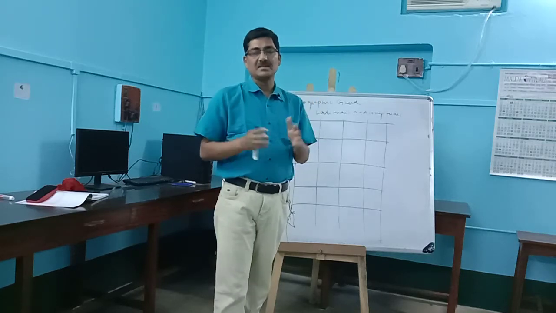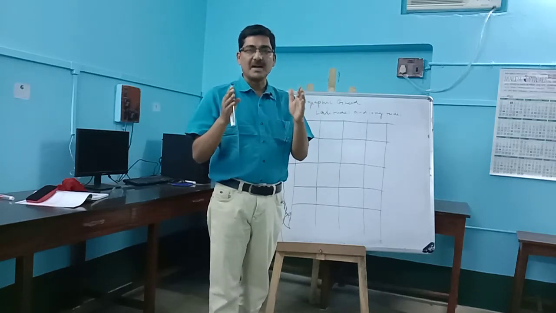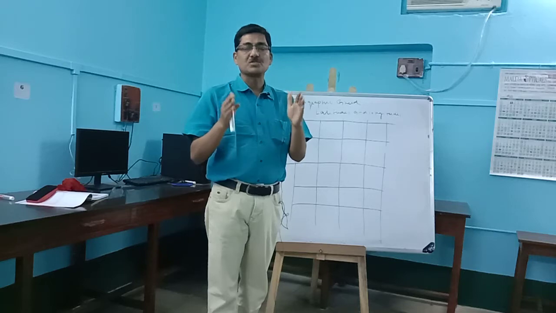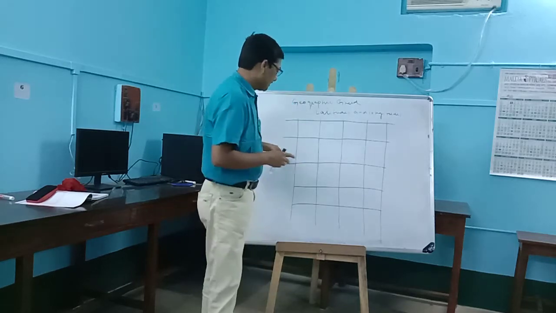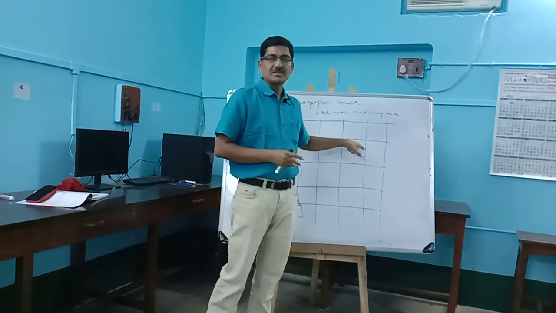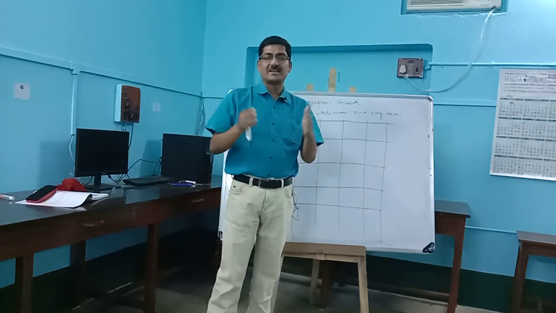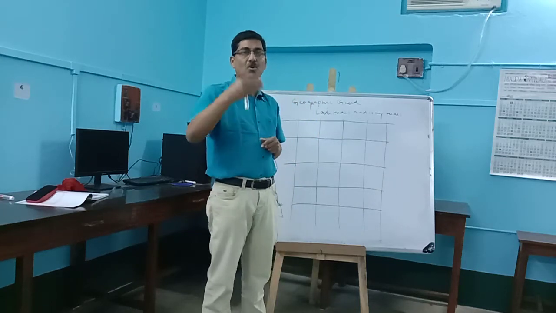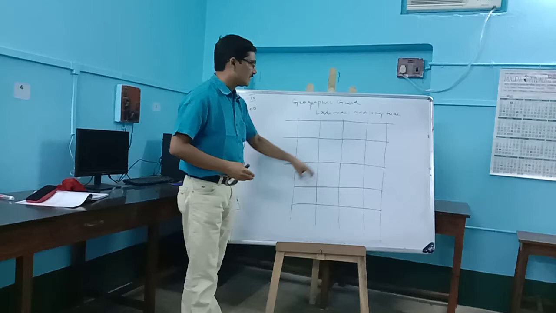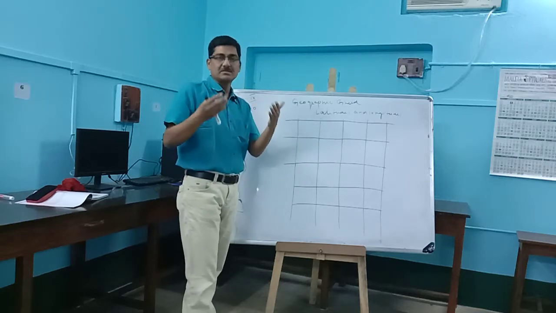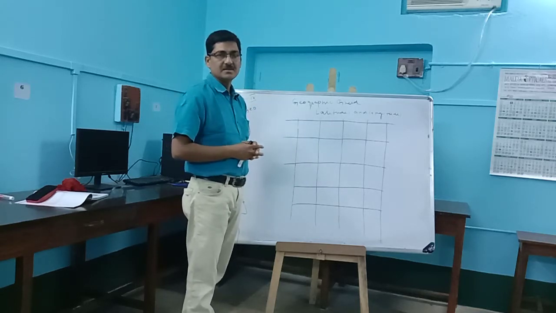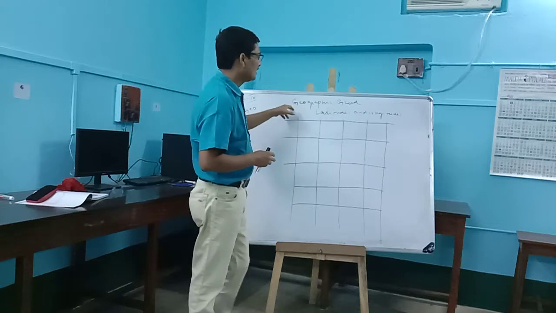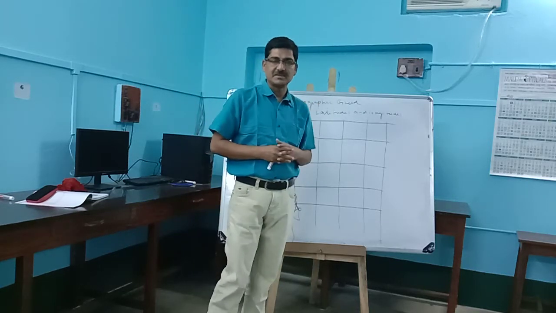Geographic grid is nothing but a network of lines running from north to south and east to west. When they intersect each other, they form a grid. This network of grid together we call geographic grid.